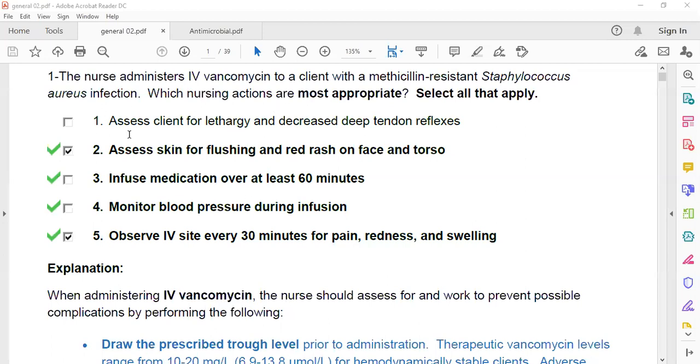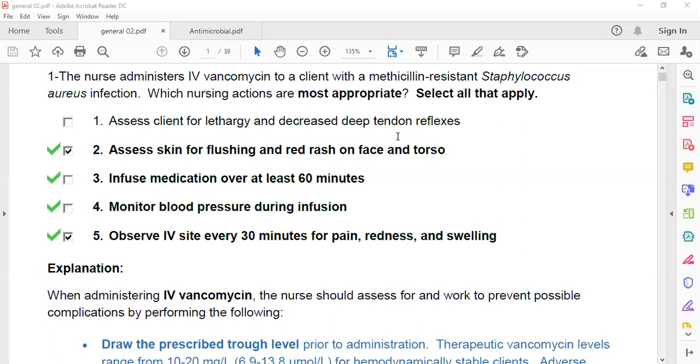First, option number 1: assess the client for lethargy or decreased deep tendon reflex. Deep tendon reflex is never related to vancomycin. It is related to magnesium sulfate.